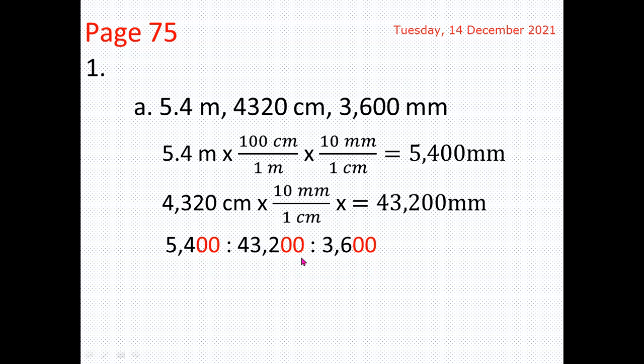Take a look at that one. We have 2 zeros, 2 zeros, 2 zeros, so we can cancel these out. What remains is 54, 432, and 36. Still, we can reduce that to the lowest term.